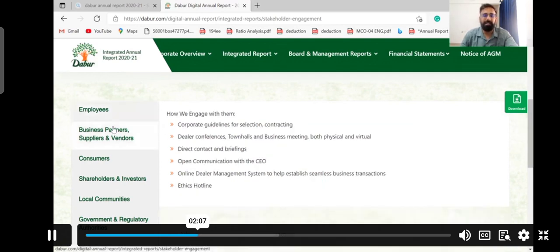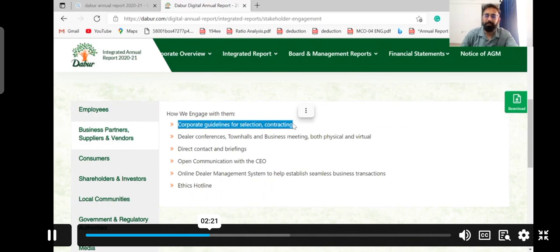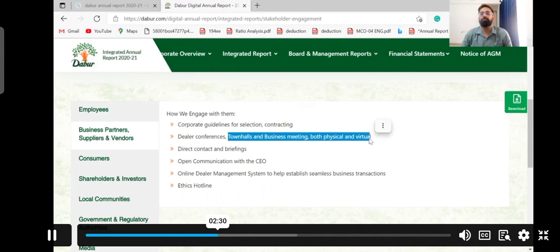Now business partners and suppliers. They are providing details about business partners and suppliers and how they take care of these stakeholders. Corporate guidelines for selection and contracting: they have their own set of rules and guidelines through which they select suppliers and vendors. Dealer conferences, town halls, and business meetings, both physical and virtual. They conduct these with their business partners, suppliers, and vendors to know what they are expecting, right?